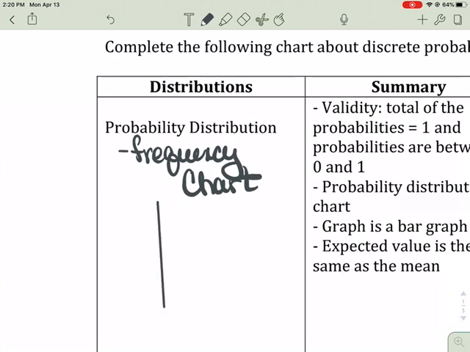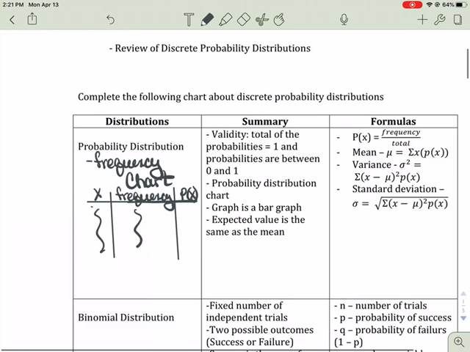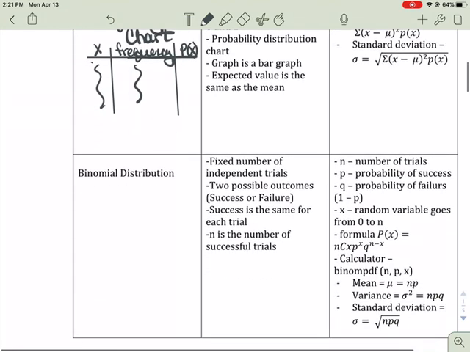It might look like a t-chart where we have our random variable x, and over here the frequency. You had to create that P of X column, and then from there find the mean, variance, standard deviation, answer some probabilities, and probably make a graph.